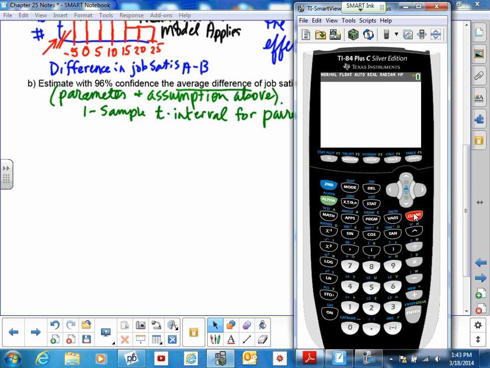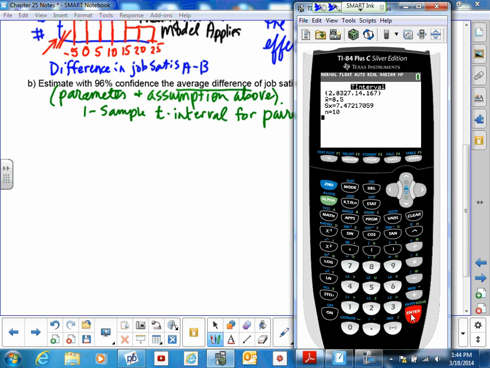Stat, over to Tests. I want you to think about that menu for a minute. It looks like number 8 is a plain T-interval. All right. Our data is in list 3. And make sure your confidence level is 96 because that's what we were asked to do. Calculate.